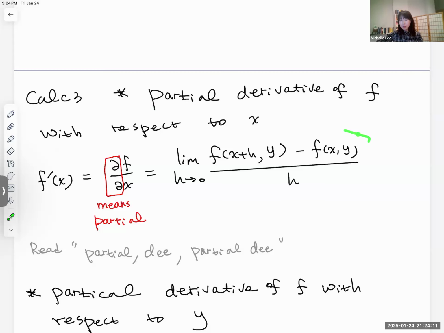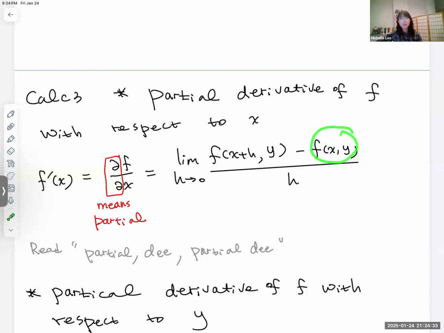Okay. Then we follow the same concept as calculus 1. But then we have two variables there, x and y, right? So f of x plus h, y minus f of x, y.